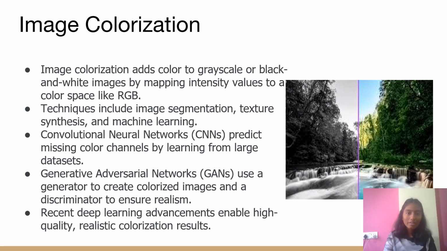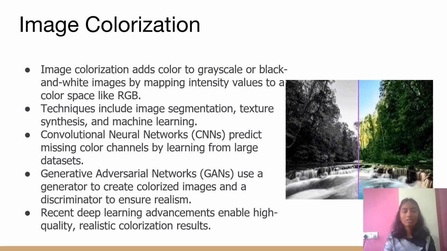There are several methods which are used for image colorization, including image segmentation, dividing the images into regions to apply specific colors, texture synthesis, using patterns to generate realistic textures and colors, and machine learning techniques, automating the colorization process based on the patterns.